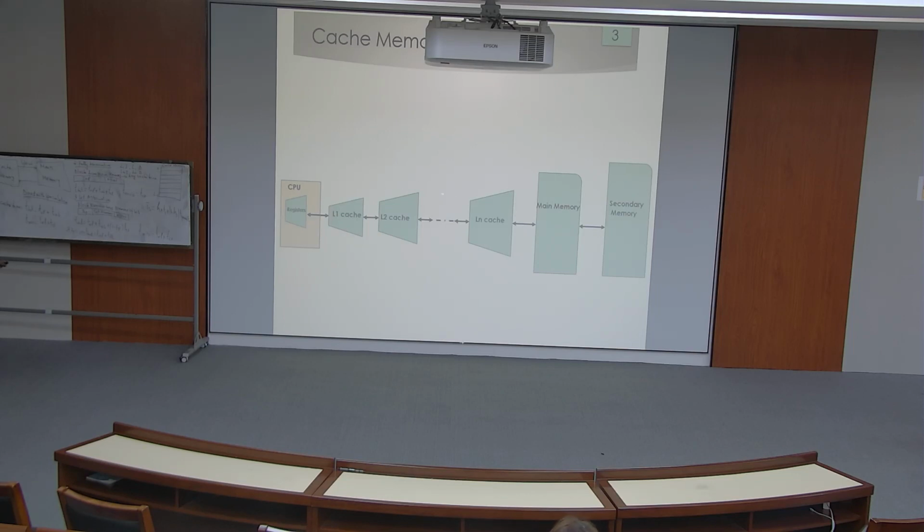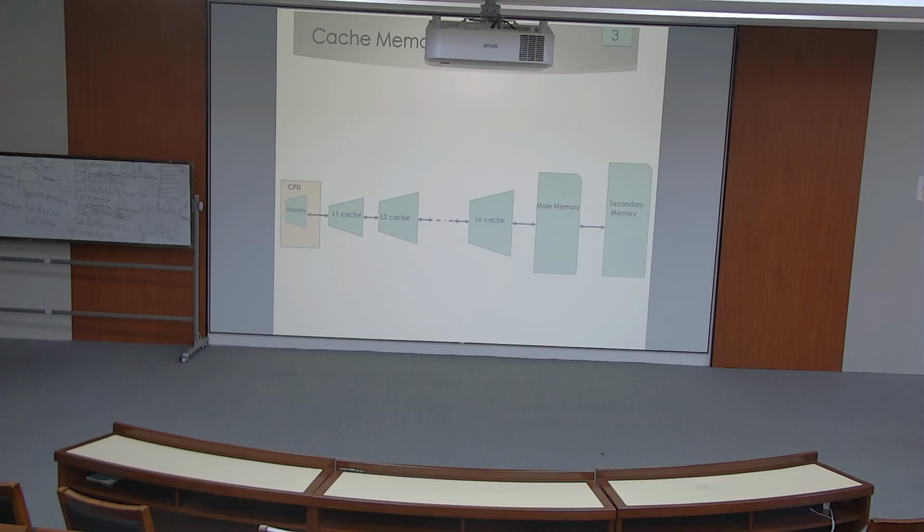In this memory hierarchy, understand that registers, these different levels of the cache memory, and the main memory, we call them the internal memory system because of their location in the computer system.